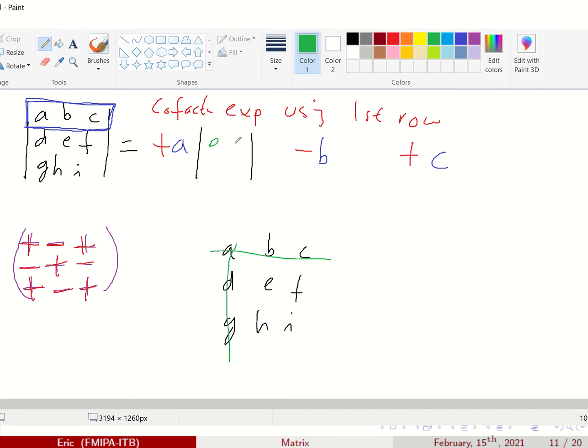So you have E, F, H, I. How do you find the determinant of this? Easy, this is just 2 times 2: E times I minus H times F. The multiplication of the diagonal minus the multiplication of the anti-diagonal. What about this one? B multiplied with, I will try again.